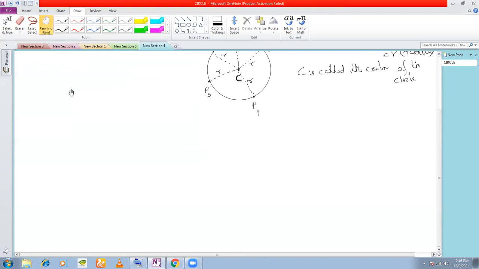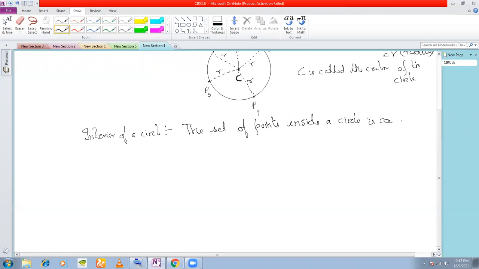What do you mean by interior of a circle? The set of points inside a circle is called the interior of a circle.